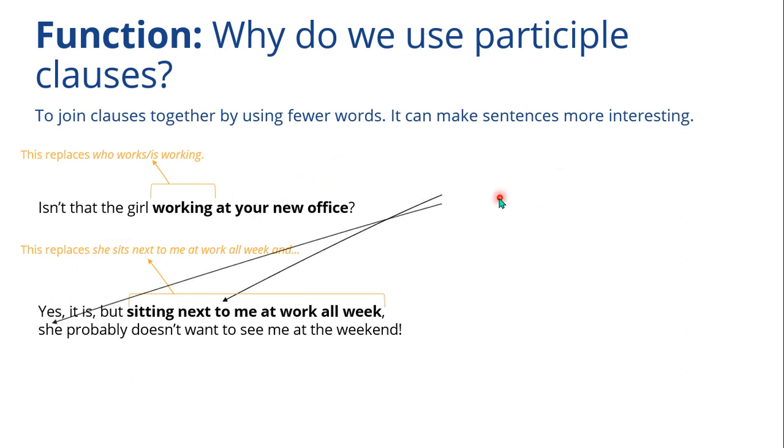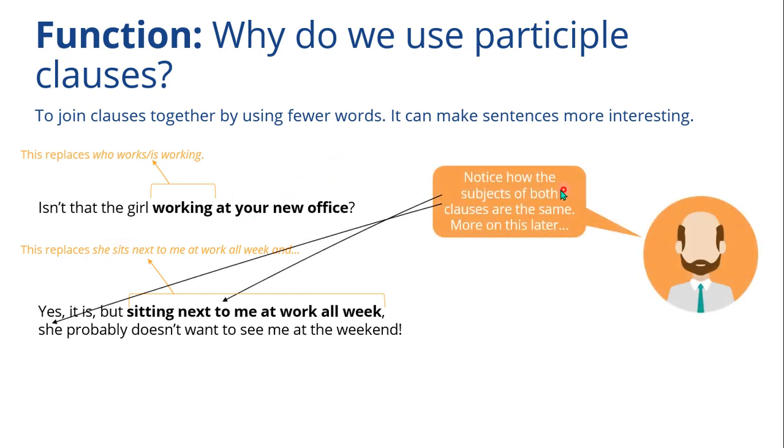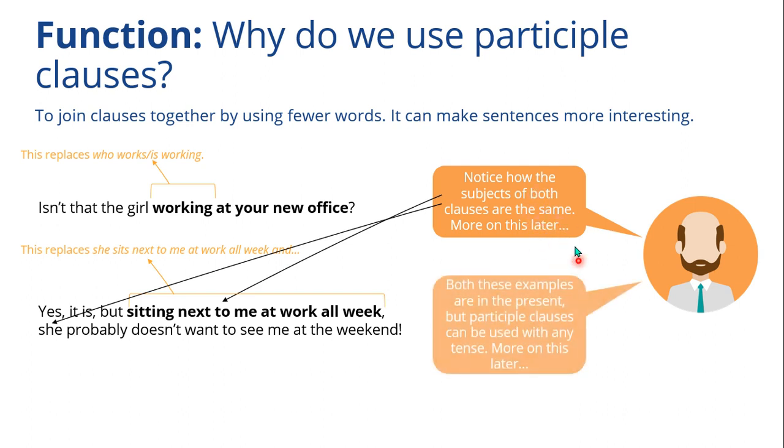The next one, you need to know that the subject in both clauses is the same. The girl, is that the girl who is working. The next one, sitting next to me, who is the subject, who is sitting next to me, that is she. So notice the subjects here, are they similar or not?